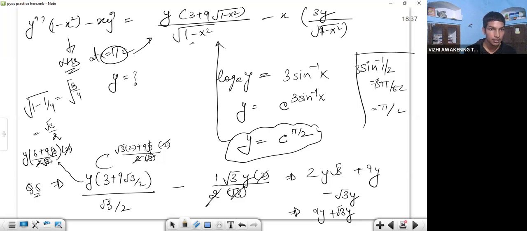This cancels this. Root 3 cancels this by root 3 into 2, plus 9. Okay, this is what we have written here. So 9y minus root 3 of y.